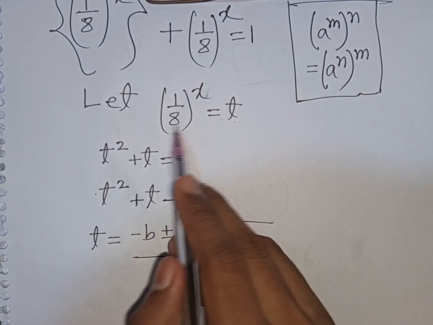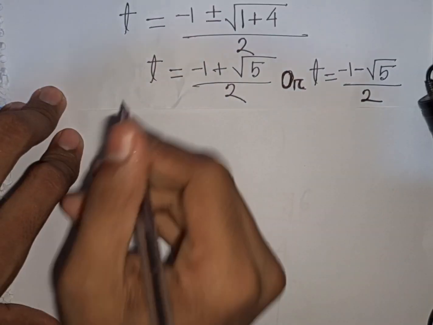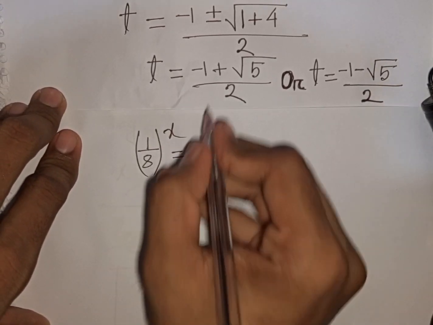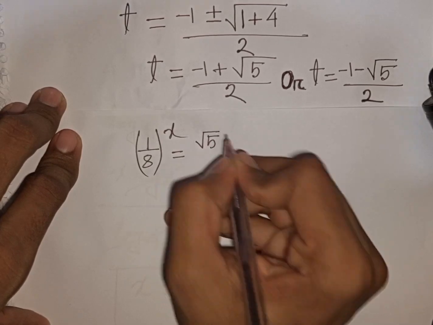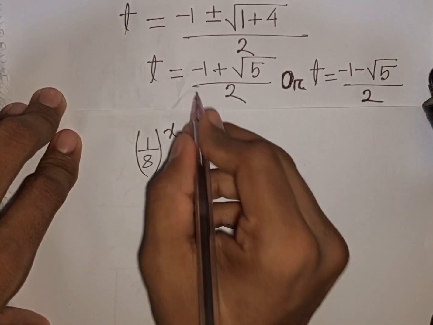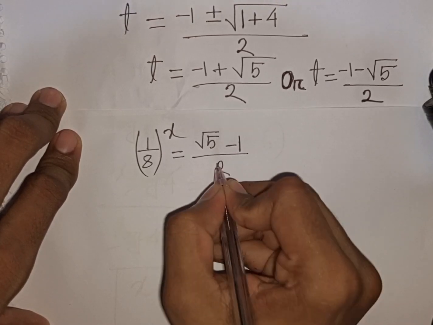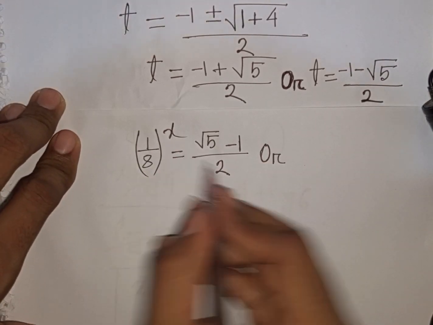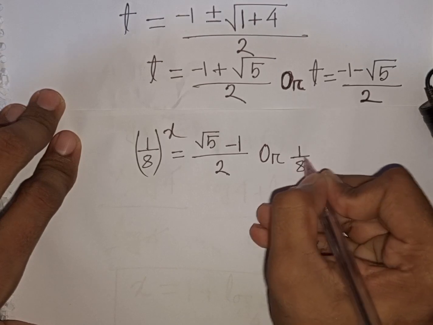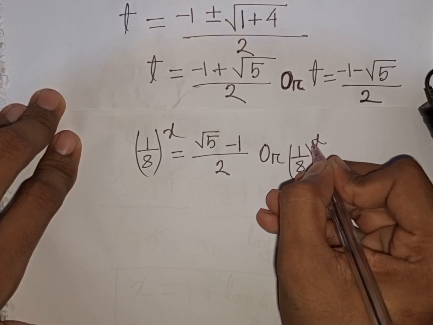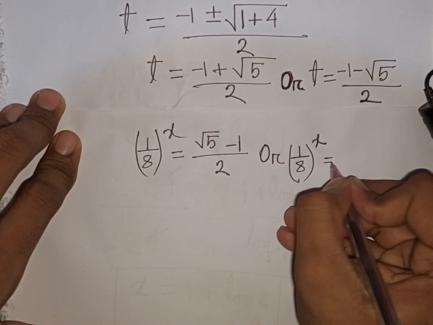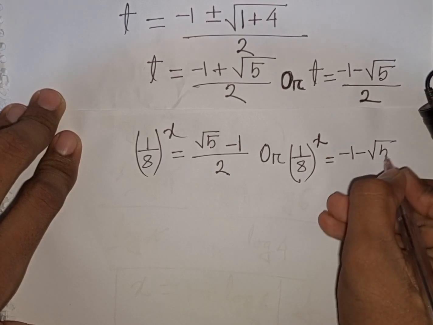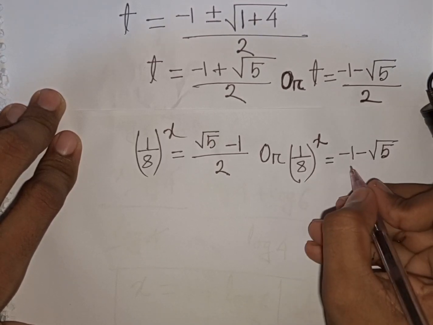So, (1/8)^x is equal to (square root of 5 minus 1) divided by 2, or (1/8)^x is equal to (minus 1 minus square root of 5) divided by 2.